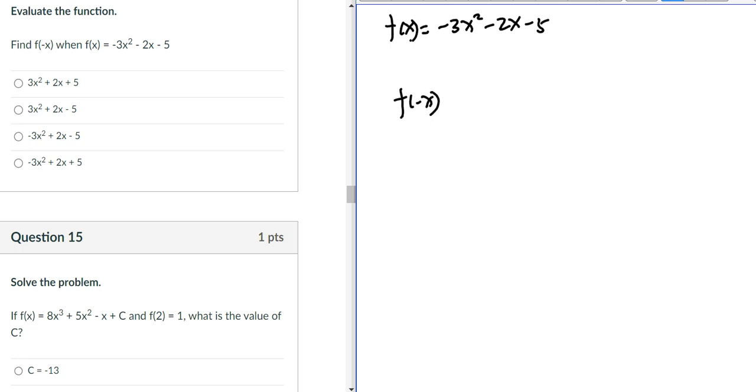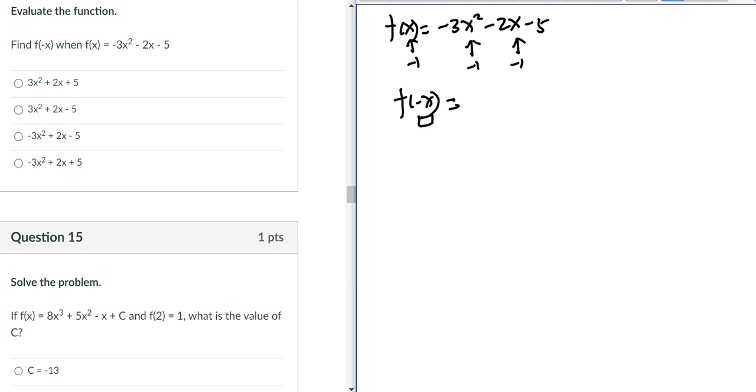If here was 1, everywhere x is replaced by 1. If here x is negative 1, everywhere x is replaced by negative 1. And here is negative x.